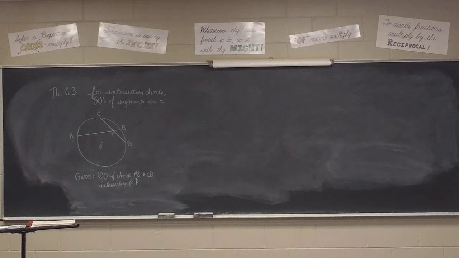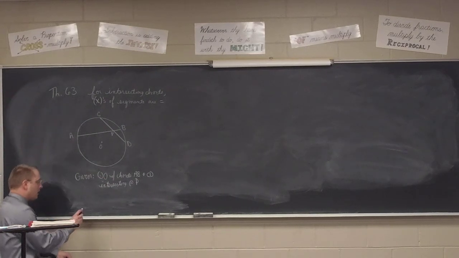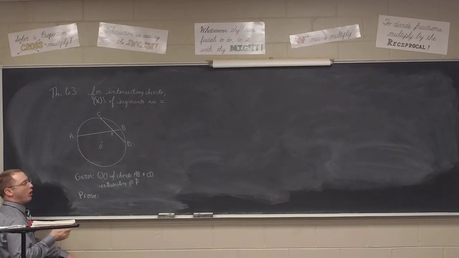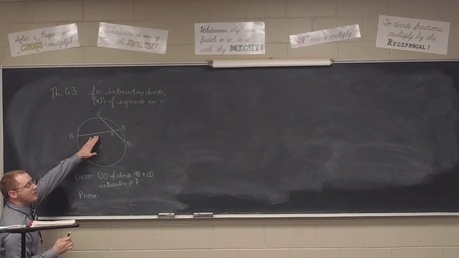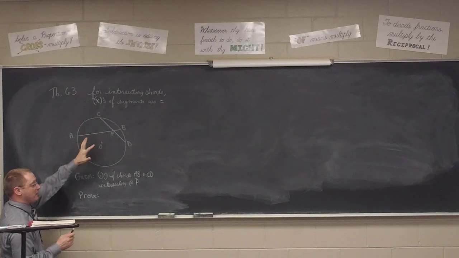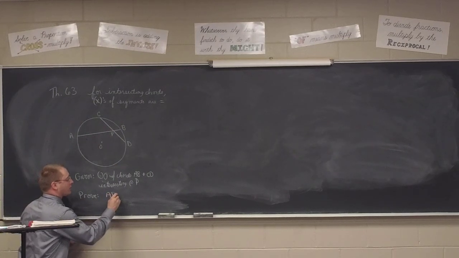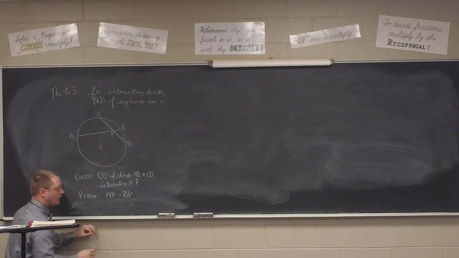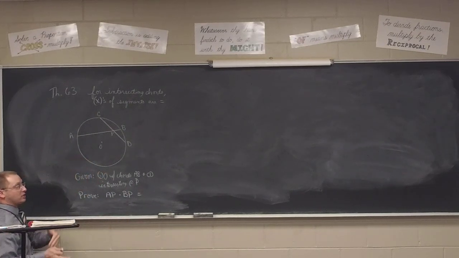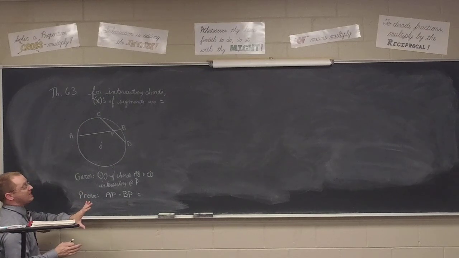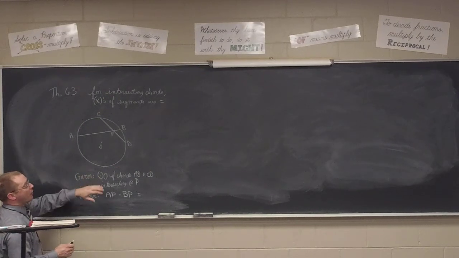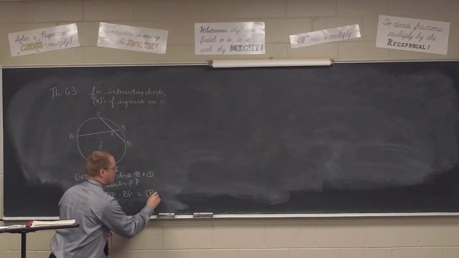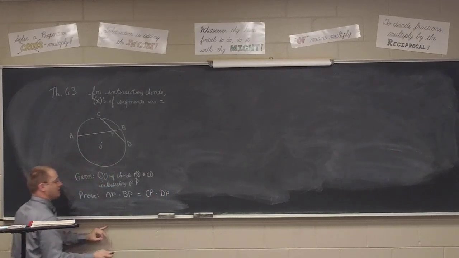We're going to prove that the product of the segments of one chord, AB, whose segments are AP and BP, that AP times BP is equal to the product of the segments of the other chord, CD, which has two segments, CP and DP. We're going to prove that the product of AP and BP equals the product of CP and DP.